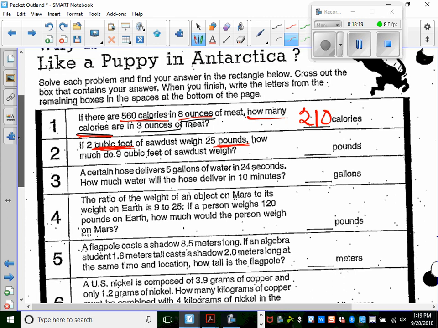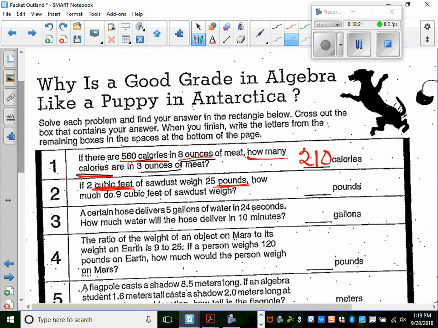So we have 2 cubic feet to 25 pounds equals how much do 9 cubic feet weigh? So we have 9, and then my pounds is at the bottom, so that will be X, because you're missing the second weight. Again, it might be a good idea to say feet are at the top, pounds at the bottom, so you'll make sure you're putting the numbers in the proper places.